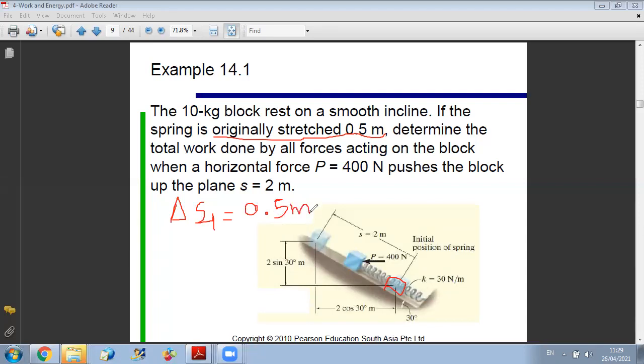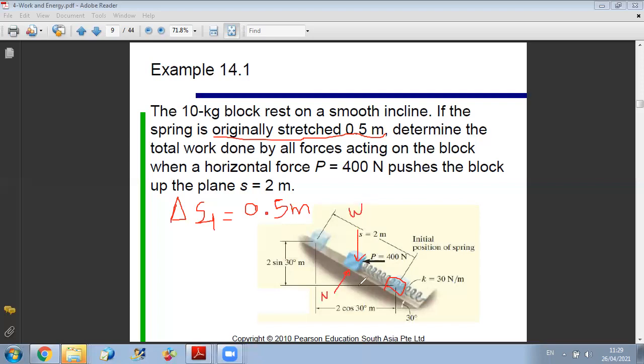We know also that we have a force P acting horizontally on the block. So the first step will be to draw the free body diagram of forces acting on the block. So at any position, the block is exposed to P, to the weight, which is vertical, to the normal reaction, which is perpendicular to contact, and of course to the spring force.